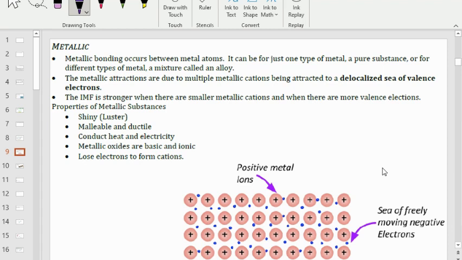The next one is metallic. Metallic bonding is going to be between metal ions. It can be for just one metal, a pure substance, or different types of metals as a mixture called an alloy. So we talked about alloys when we were in regular chem or honors chem, whichever one you took.